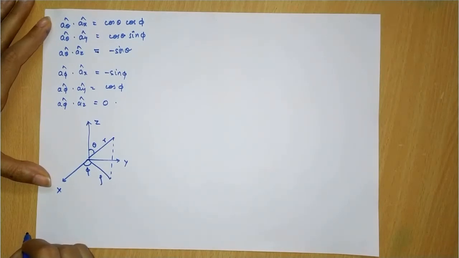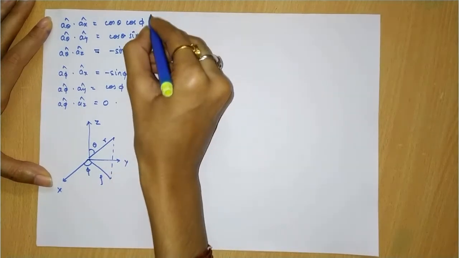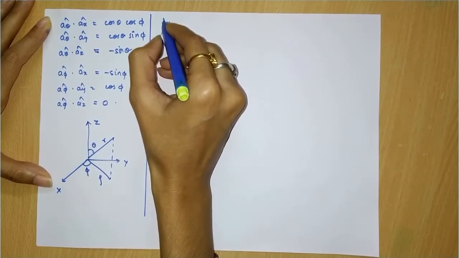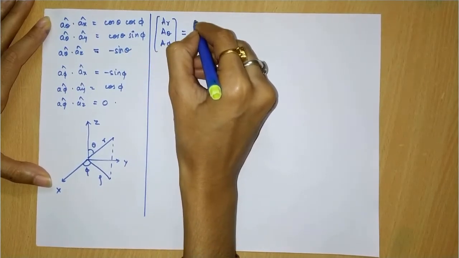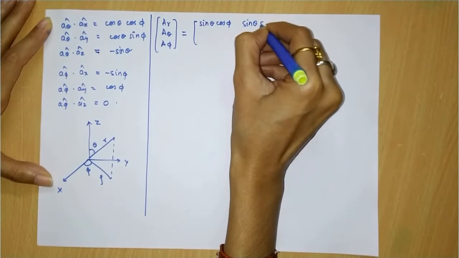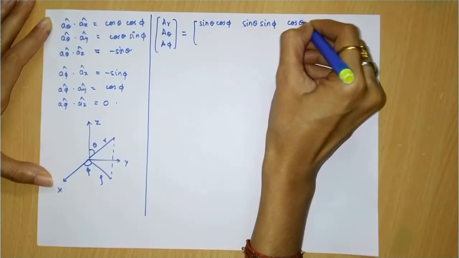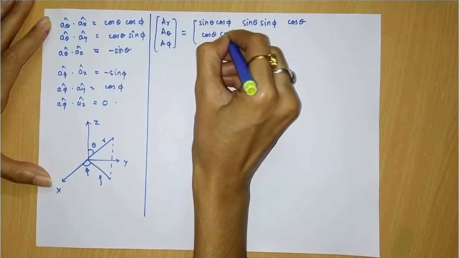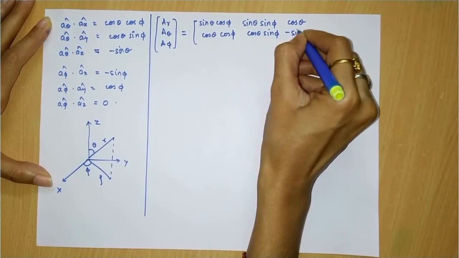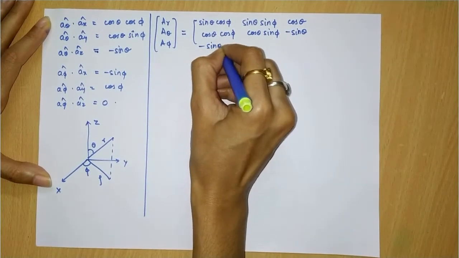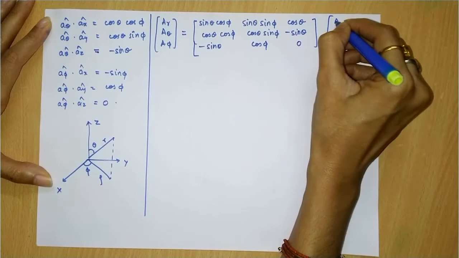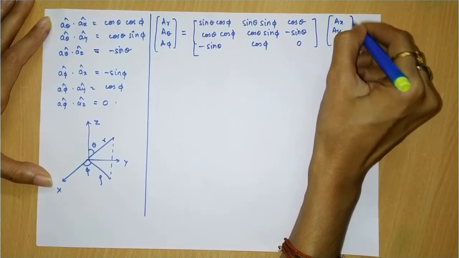Now, if we want to express in matrix form, then we write Ar, Aθ and Aφ is equal to the matrix: sin theta cos phi, sin theta sin phi, cos theta; cos theta cos phi, cos theta sin phi, minus sin theta; minus sin phi, cos phi, 0; multiplied by Ax, Ay and Az.